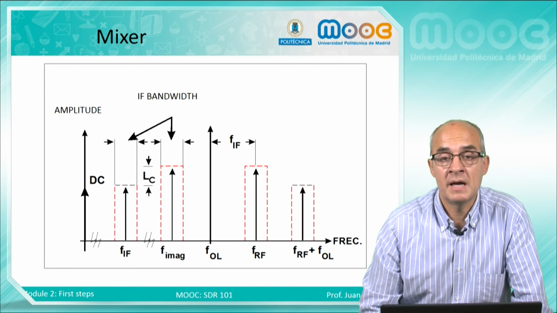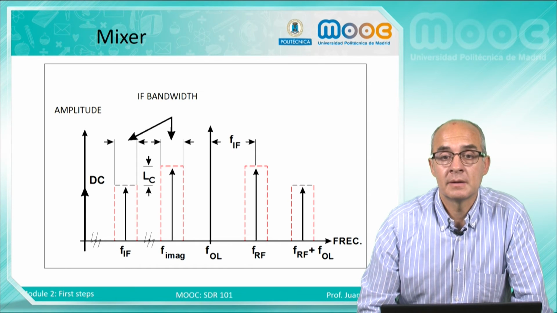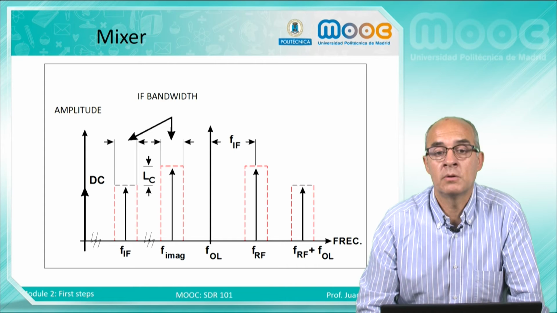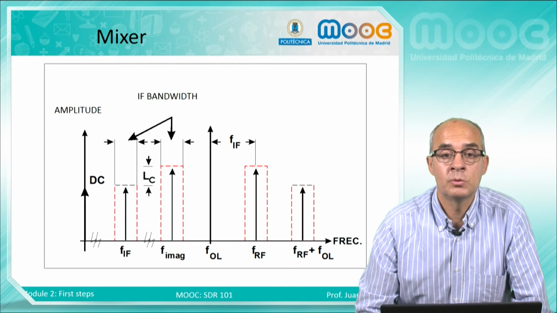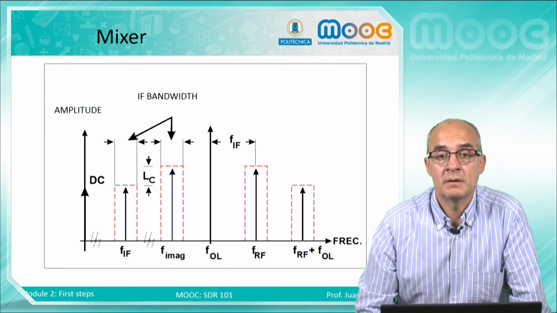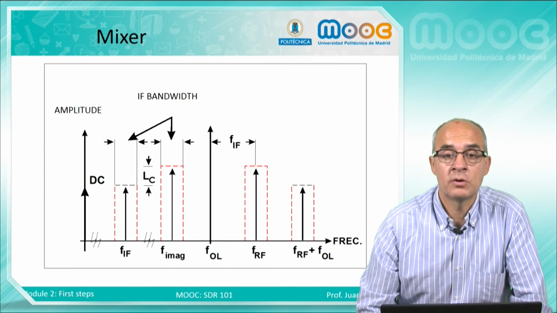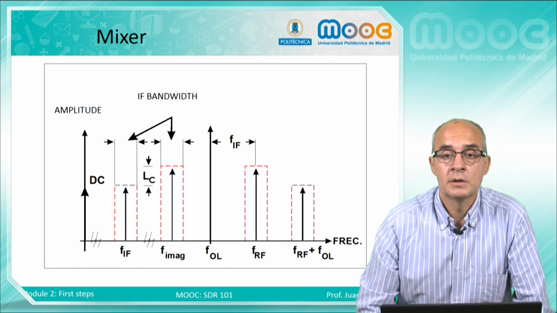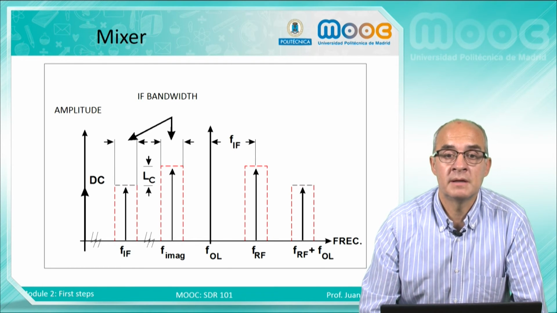If we see a receiver, we get the RF as desired, as received signal. We have the frequency of the local oscillator, and the output will be the intermediate frequency. With these three signals, we have also an image frequency that can introduce some degradation in the reception process.